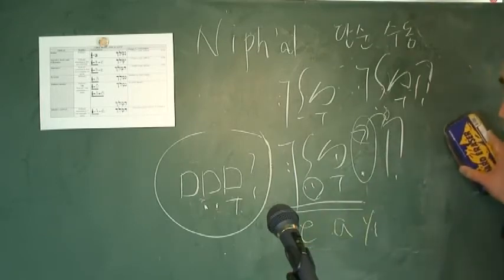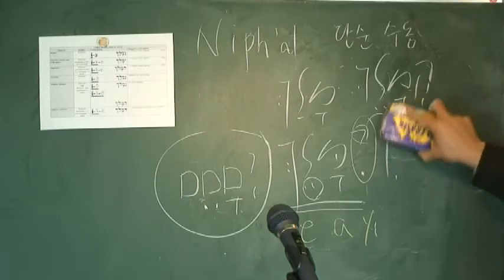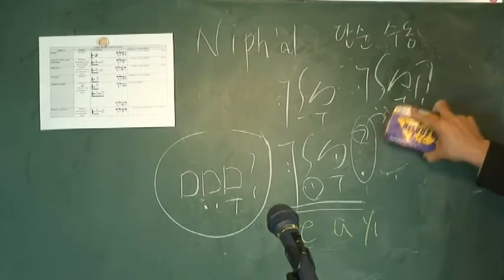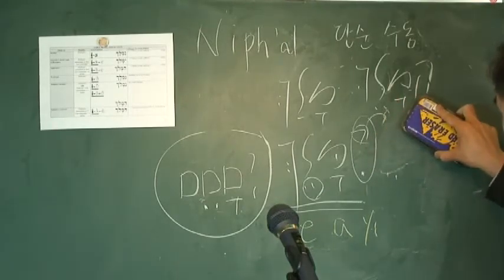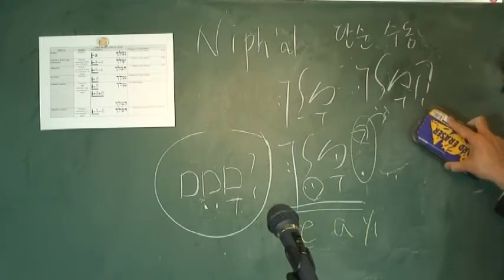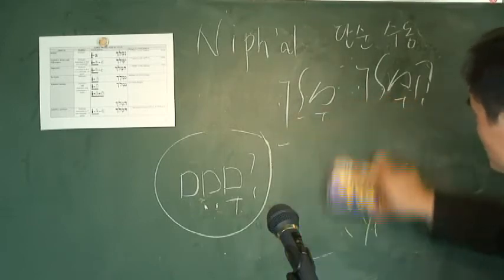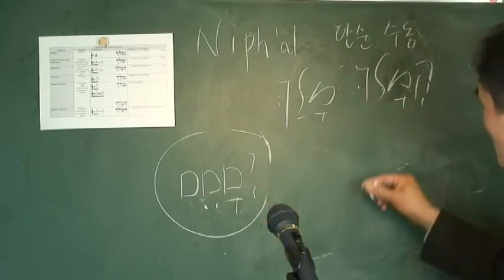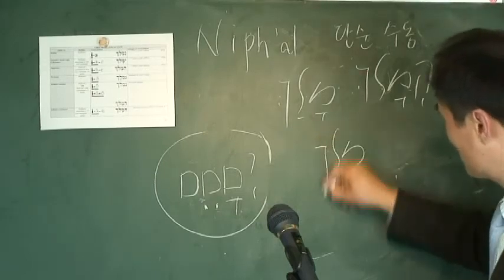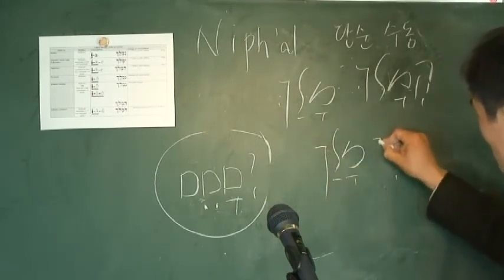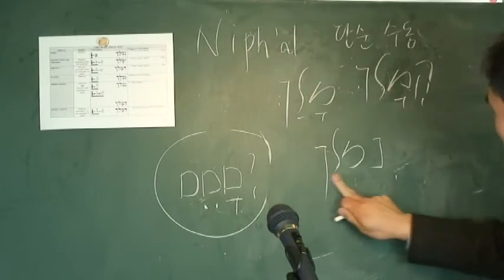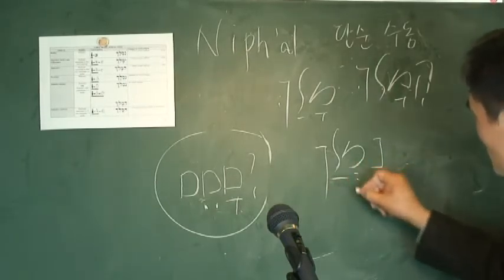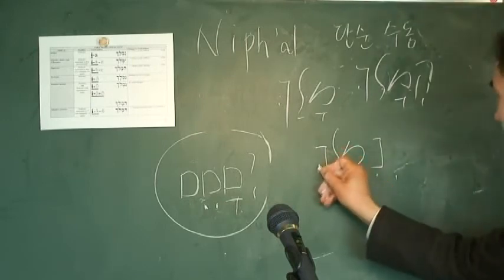Next, let's look at the participle. The participle has the same model as the perfect form. The verb malak would become nimlak in the perfect form.